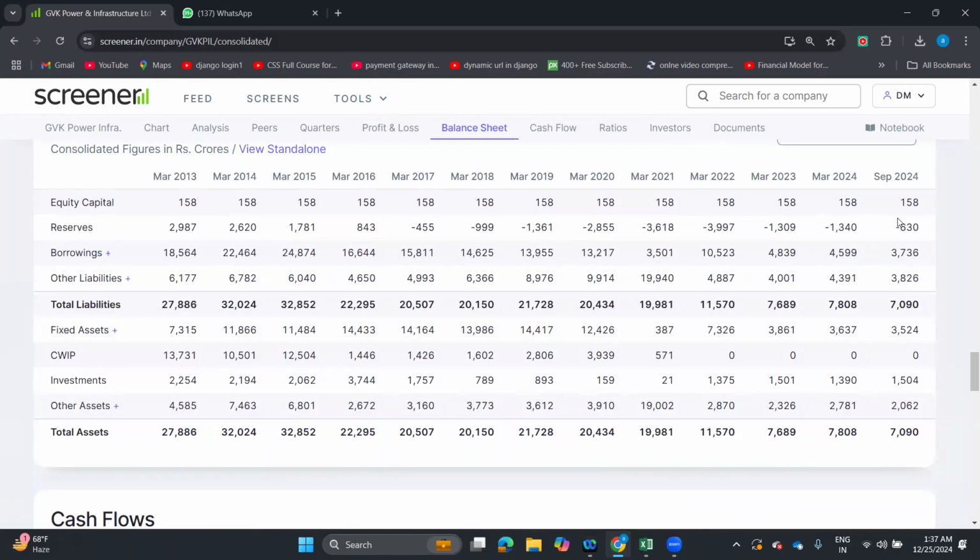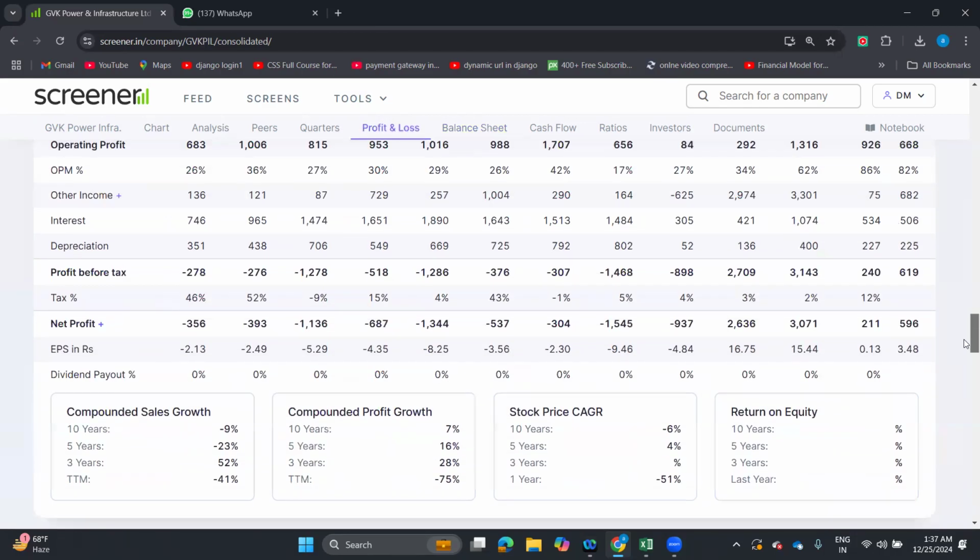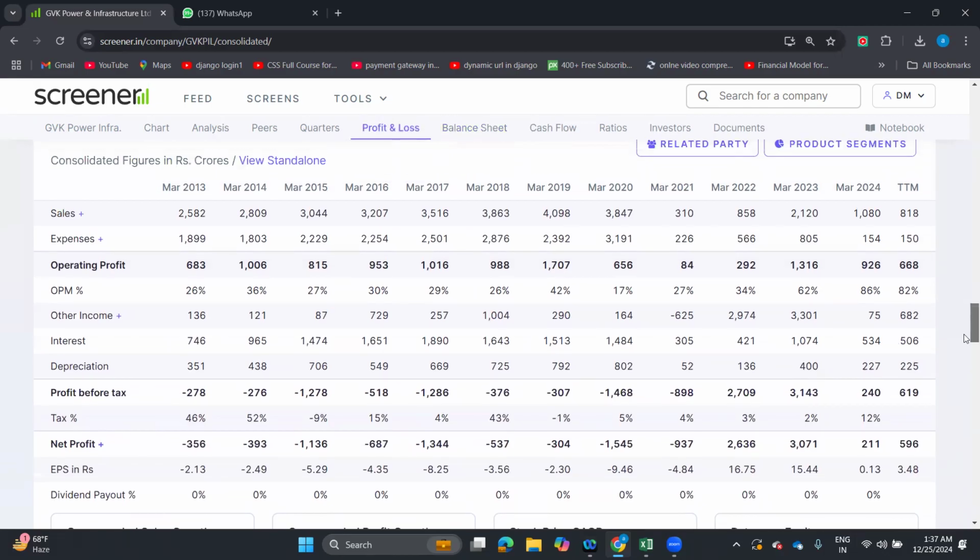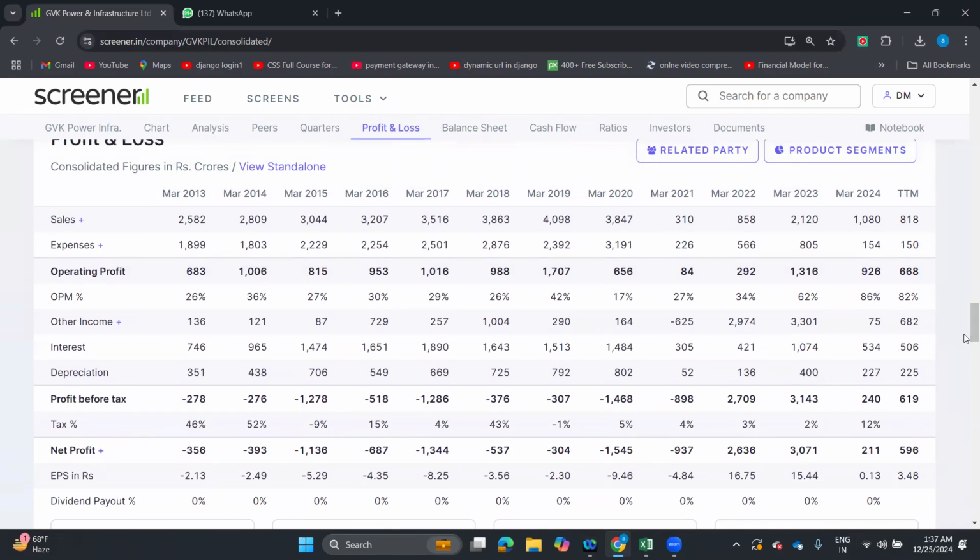And another thing, their reserve is negative, means they are still eroding cash. And the problem is just not because of the high debt. Debt is obviously a point of concern. So due to the high debt, interest cost is very high, 1,000 crore in FY23. And there are fluctuations in between.